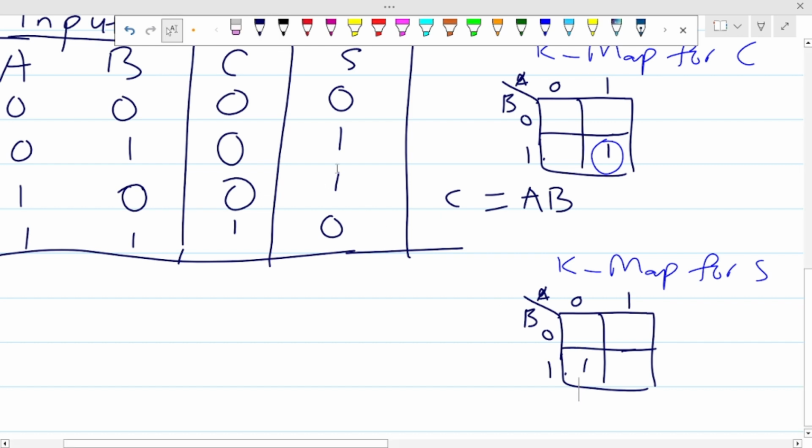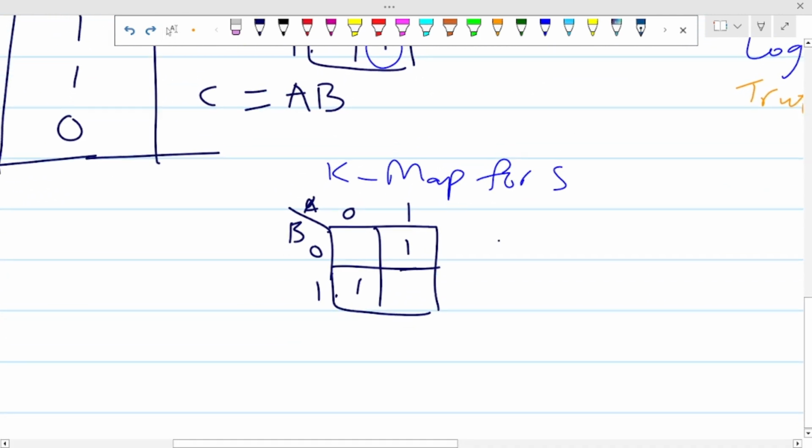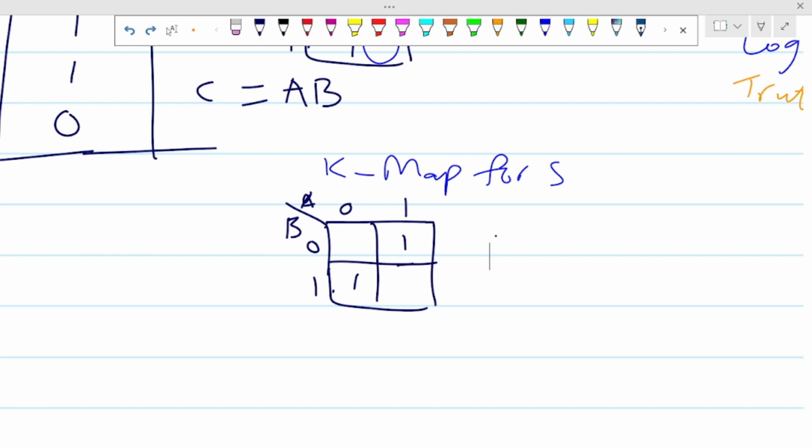Then the next, here we have S as 1. Go to the inputs that correspond with that: A as 1, B as 0. Here is A as 1, and this is B as 0. So this will be our next 1. Good, perfect. So again, going with the rule where we have to make groups.